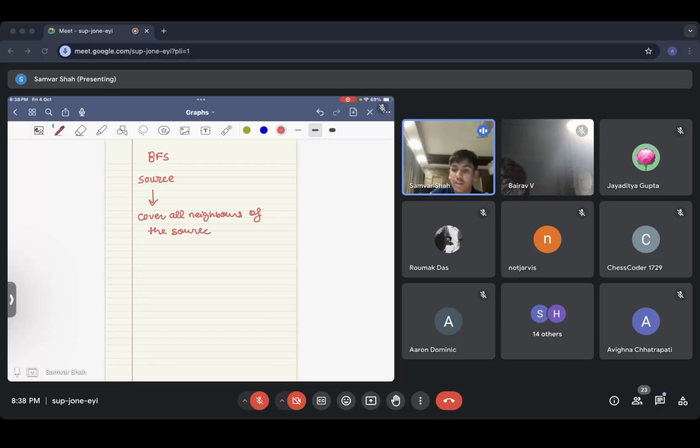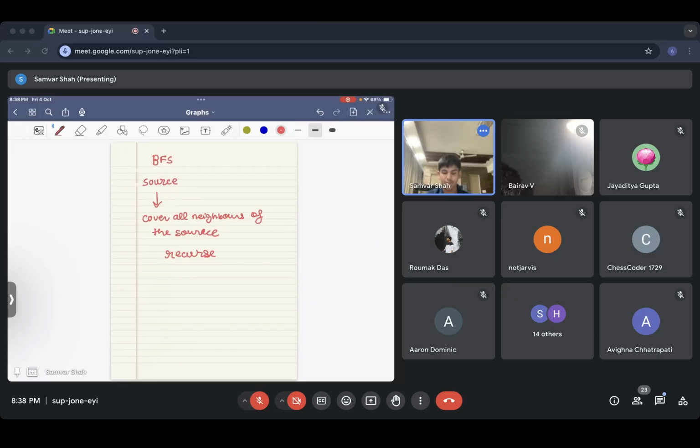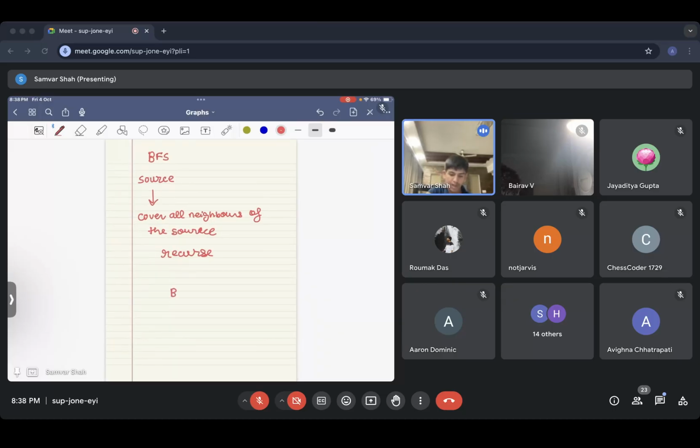Again, here as well, you would have to check that it's not been visited prior, but you cover all the neighbors of the source, and then you take one of them and then you recurse. That's the basic idea of how BFS works. The implementation details do require a queue, and I'll be providing that in the notes, but this is the theoretical understanding of how both BFS and DFS work. So BFS and DFS here have been explained with recursion.